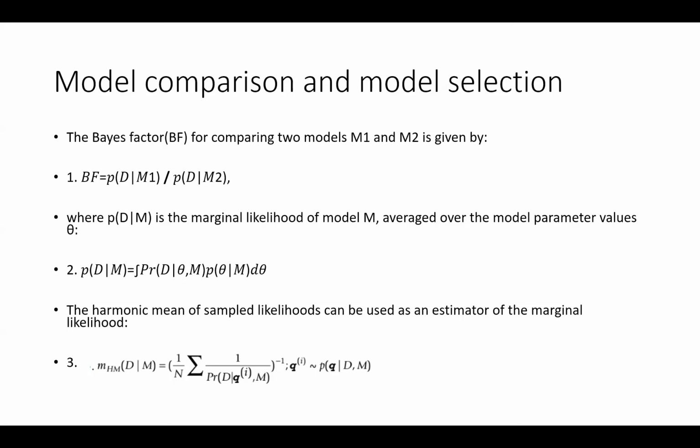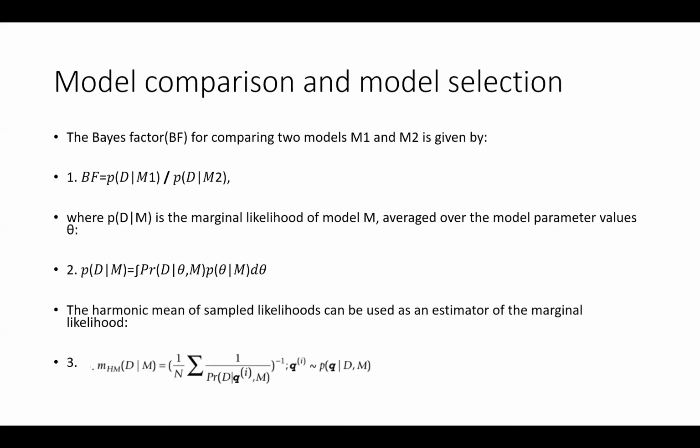So the Bayes factor for comparing two models M1 and M2 is given by the probability of the data D given model M1 divided by the probability of the data D given model M2, where the probability of the data D given model M is the marginal likelihood of model M averaged over the model parameter values.